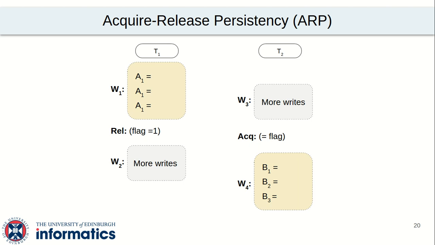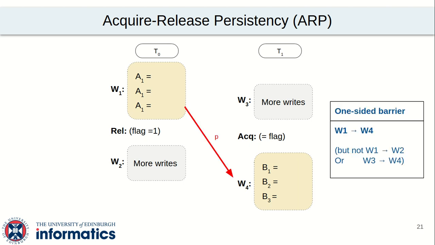Consider this multi-threaded code using flag synchronization where thread T1 releases the flag and thread T2 acquires the flag. Accordingly, the write to flag in thread T1 is marked release and the read of the flag in T2 is marked acquire, which is standard practice in language-level consistency models.